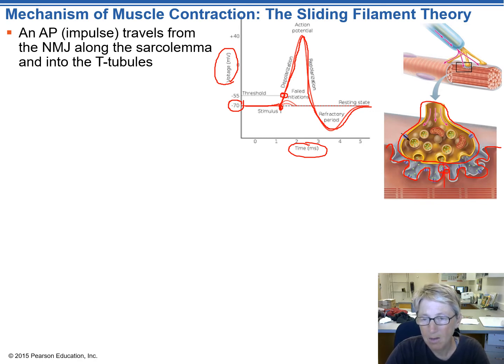Sodium rushes in, the inside of the cell becomes more positive, and that opens the voltage-gated sodium channels just outside the neuromuscular junction. Then you can fire an action potential along the whole length of the phospholipid bilayer of the muscle cell. That action potential will dive into the T-tubules of the muscle cell, and then biochemistry will happen. Calcium will be released into the muscle cell, more biochemistry, and you get contraction.